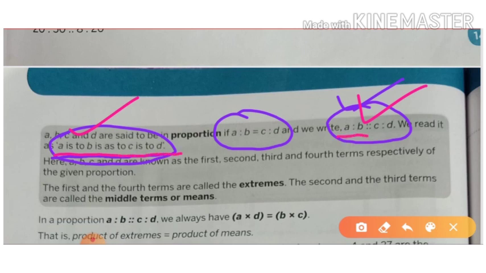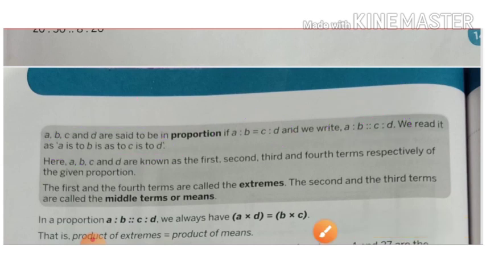Like we had different names for ratios, the first one we say antecedent, and the later one we say subsequent. Here also, A, B, C, D are the first, second, third and fourth terms. They are 4 terms.